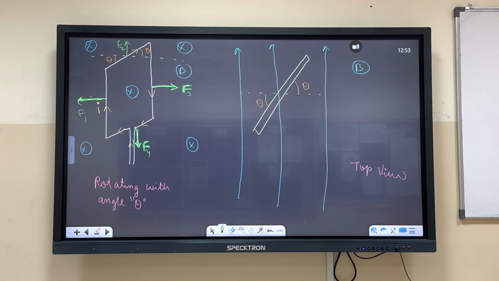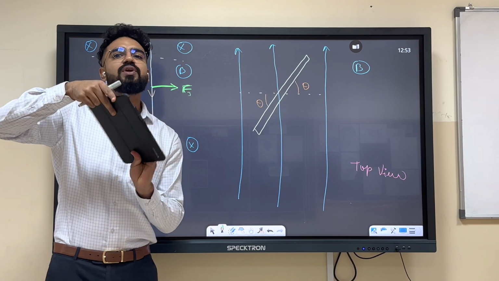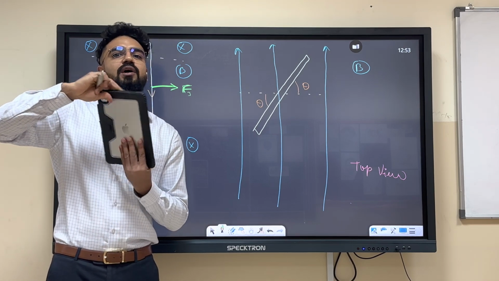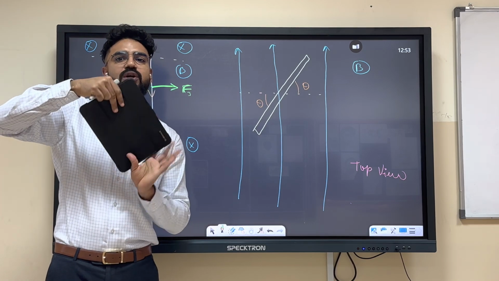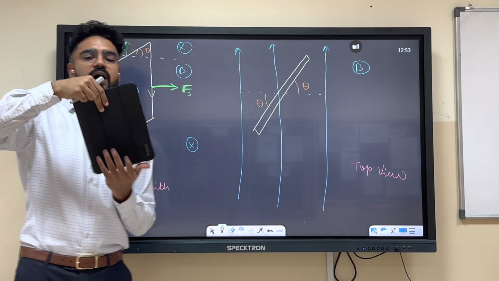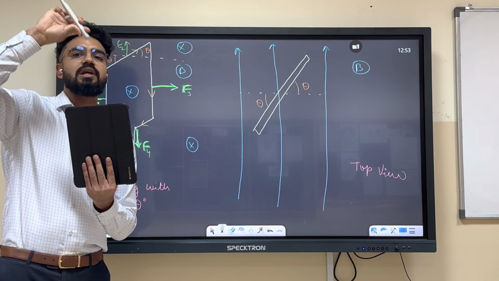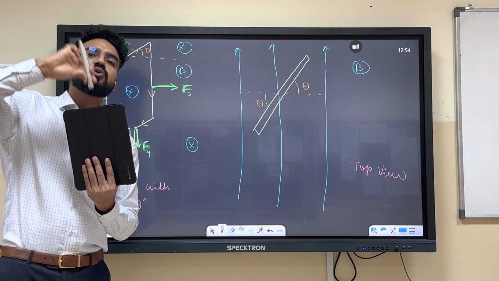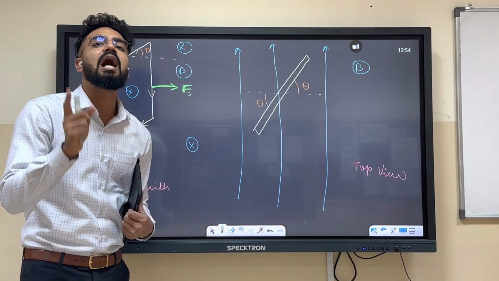Can you feel it? Why is it 0? Because if something is free to rotate, it will rotate about its axis. If the force is passing through the axis only, what is the torque? 0, because torque is R cross F.